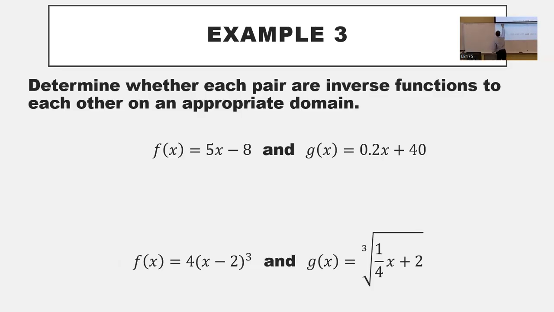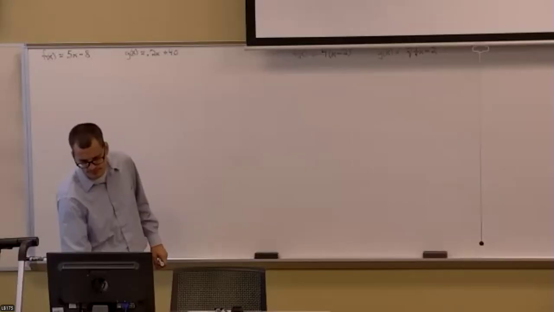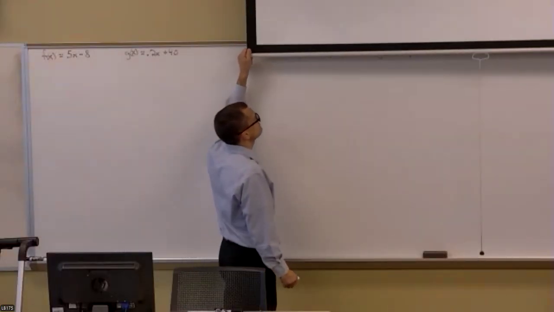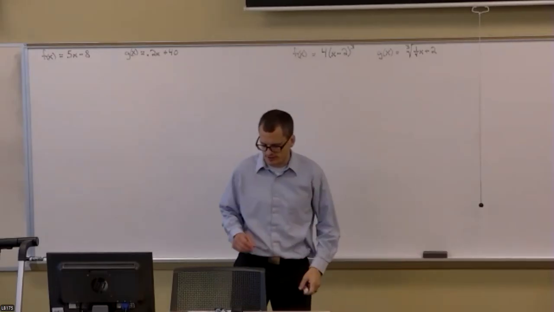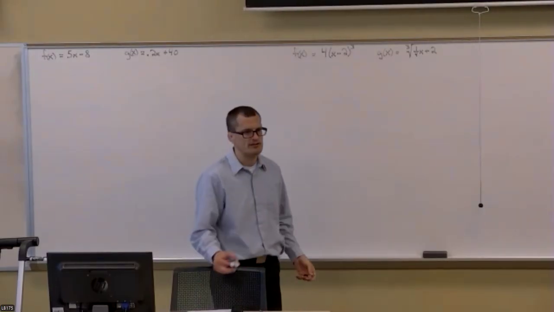And then we have another example where we have 4 times the quantity x minus 2 raised to the 3rd power as my f, and my g as the cube root of the quantity 1/4 x plus 2. And we're going to check to see if these are inverses on appropriate domains.